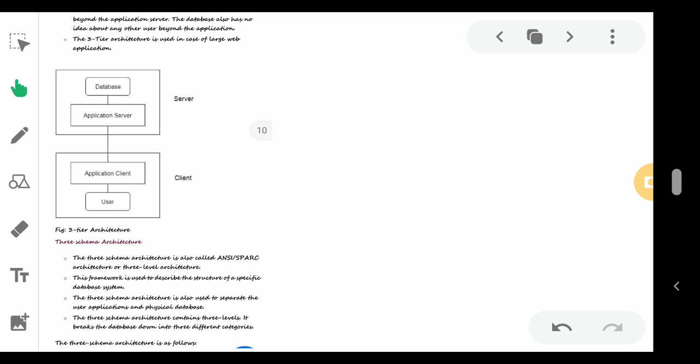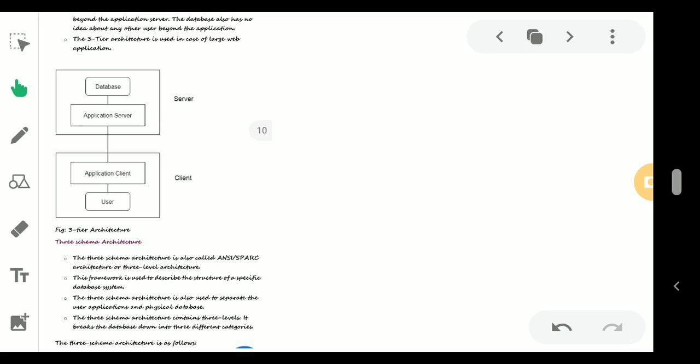Okay, so from this there is one concept that is very important for your question paper, that is, describe the 3-schema architecture. That is a very important question. So what is actually this 3-schema architecture?